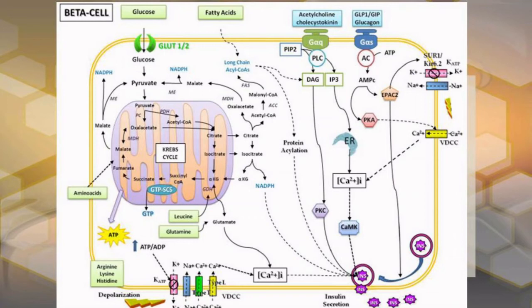Example is the acetylcholine receptor or the cholecystokinin receptor, or you have the GLP, GIP, glucagon receptor, and the acetylcholine cholecystokinin receptor is a G protein coupled receptor which activates the phospholipase C. So the phospholipase C converts phosphatidylinositol diphosphate into diacylglycerol and inositol triphosphate. So the diacylglycerol and inositol triphosphate in effect increases the calcium concentration.